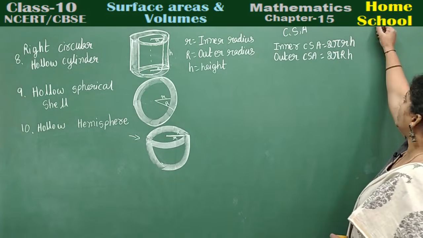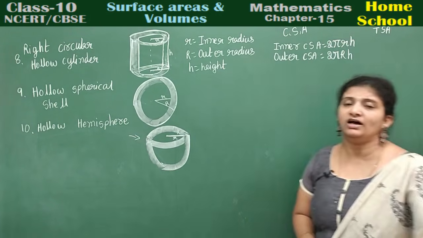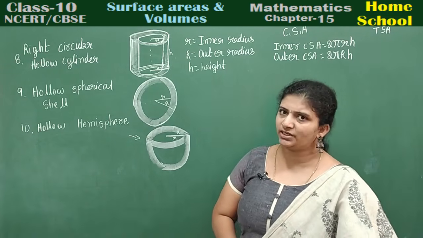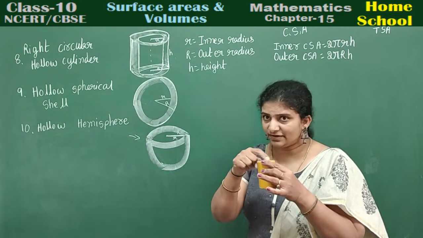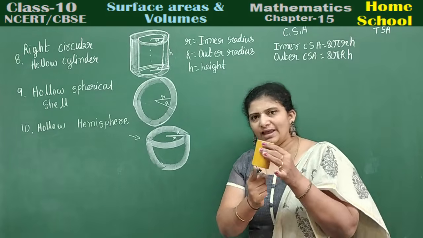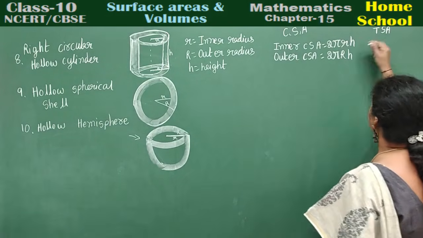Next, the total surface area of a right circular hollow cylinder. Total surface area means what, children? Inner curved surface area plus outer curved surface area, plus the top ring and bottom ring. We need to add these now.